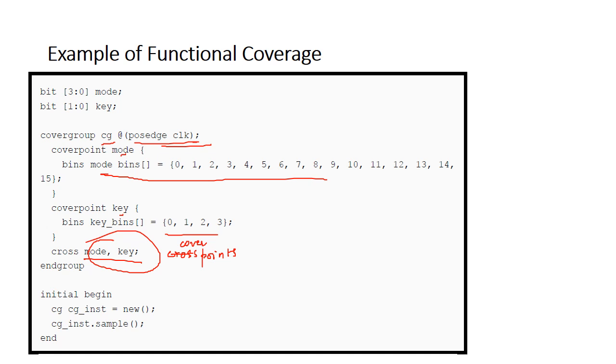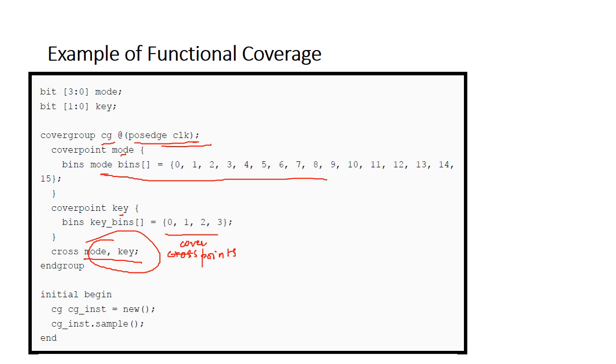Functional coverage we have seen in our previous slide, wherein we discussed the cover group, the cover points, as well as the cross coverage. As I already told you, the cover points are the specific points of interest in our design, and the cover group is the collection of the cover points in our design.